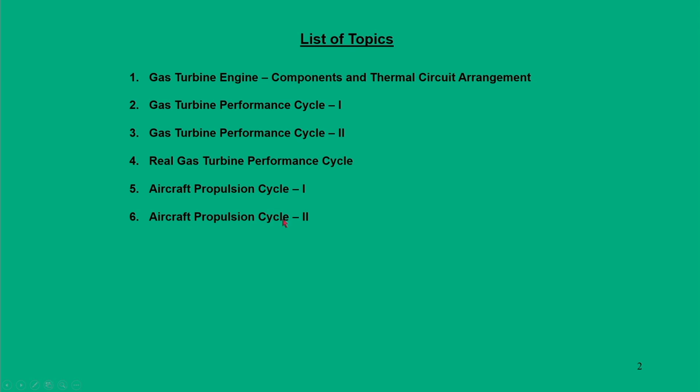Just to give you a background, when we deal with gas turbine engines, they are used with two motives. First motive is that we want to get power, other motive is we want to get thrust.